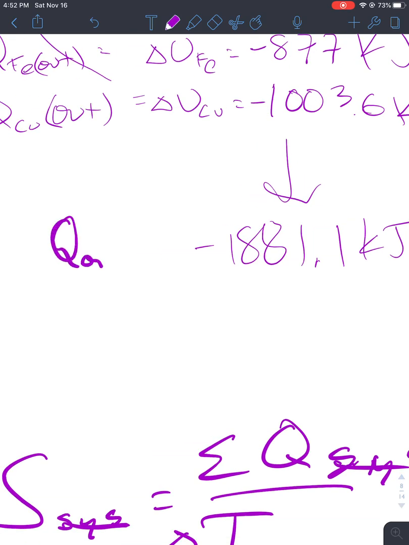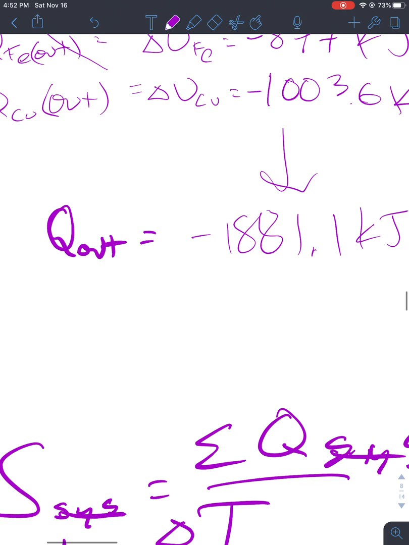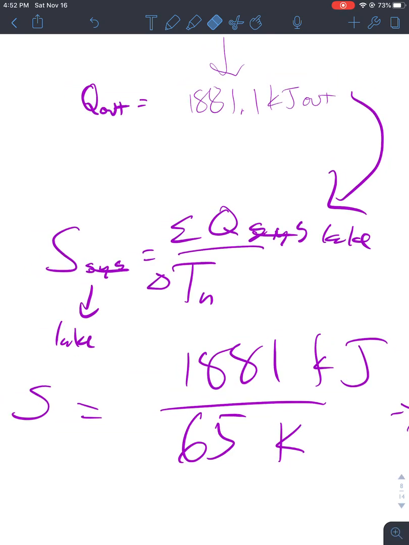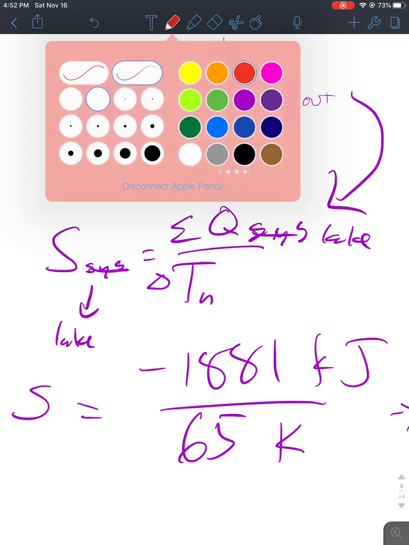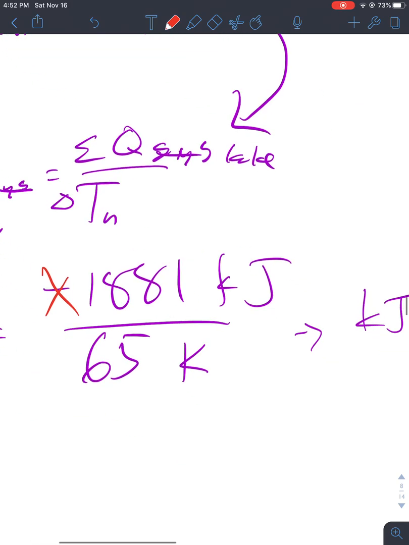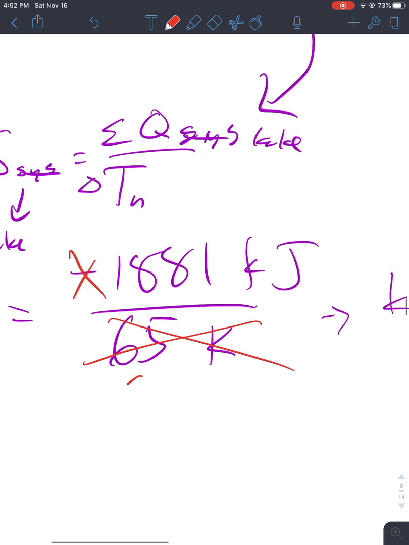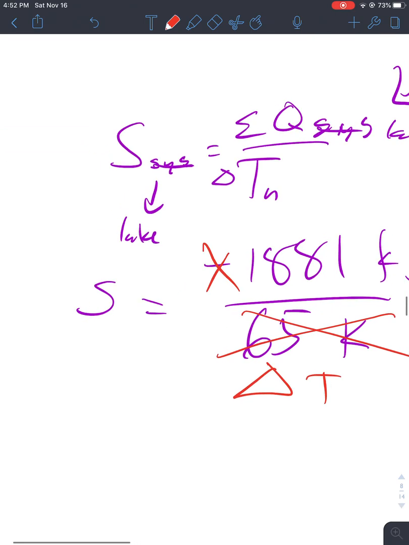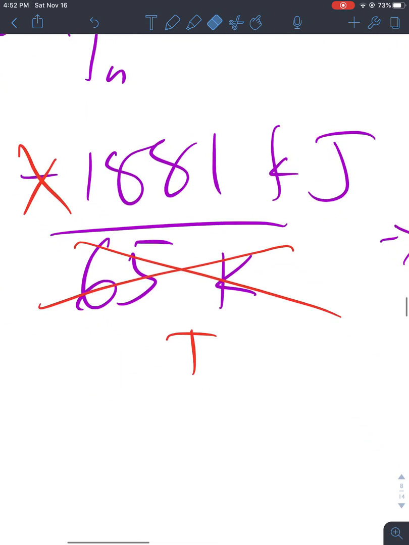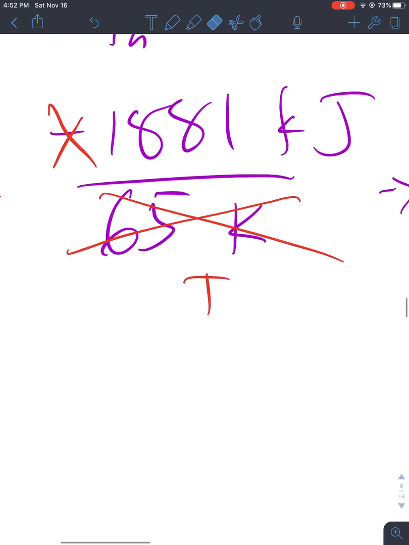So negative means Q out. Negative value means out. Erase that. This is not a negative, because negative means out. And the change in temperature is not in Kelvin, it's not a delta T, it's a straight T. Oh my gosh, I got that wrong. Sorry.